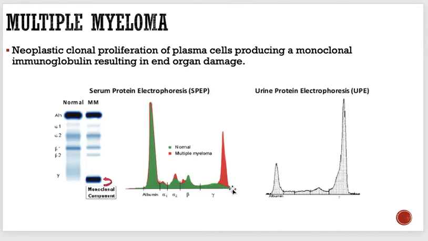We call it monoclonal proliferation. So see, MGUS can be diagnosed this way, right? Multiple myeloma can be diagnosed this way. Okay, so this is how things work.